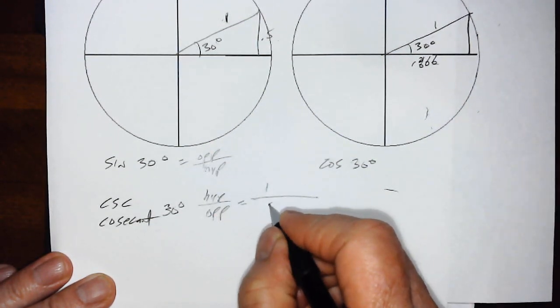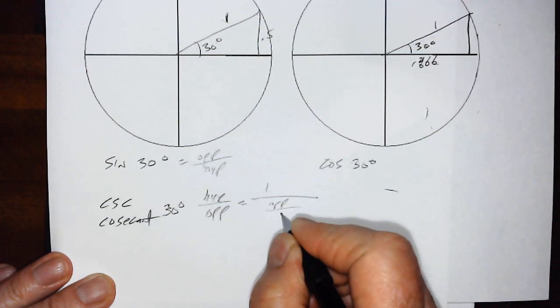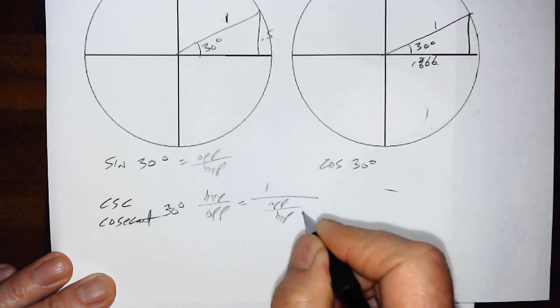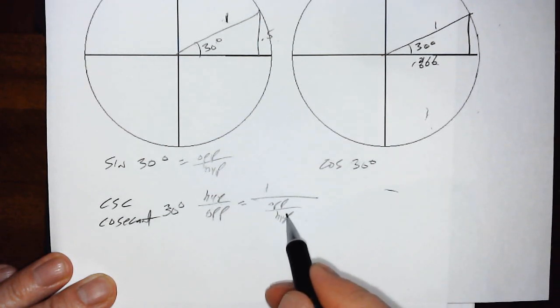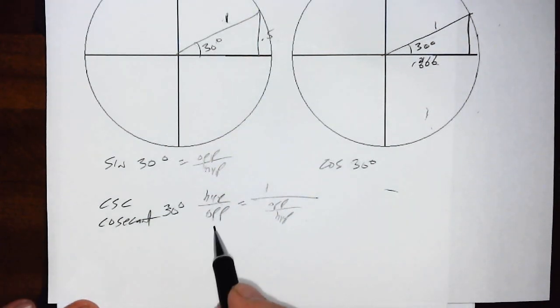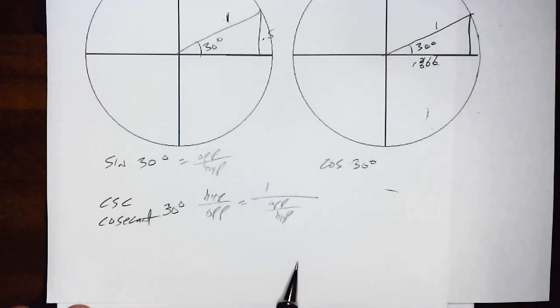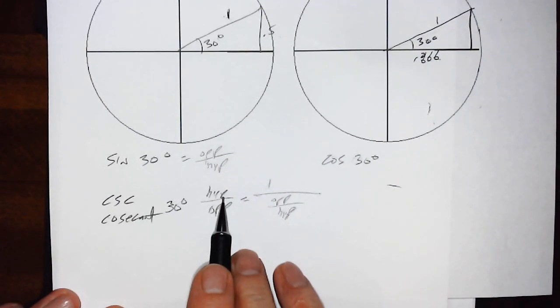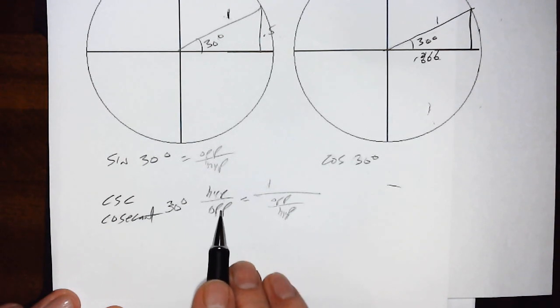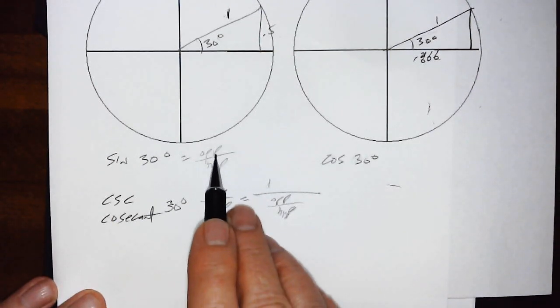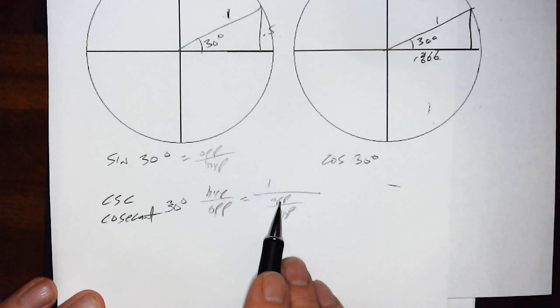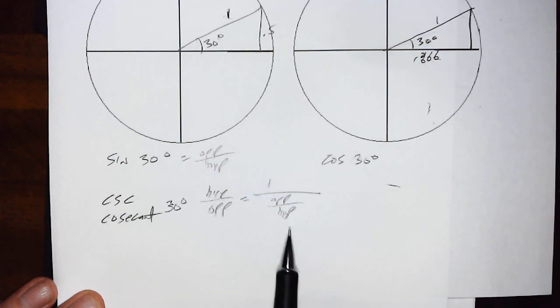I won't take time to show that completely here. You can figure that out on a separate piece of paper if you want. This, which is the upside down of the sine, you can write like this, 1 over the sine.